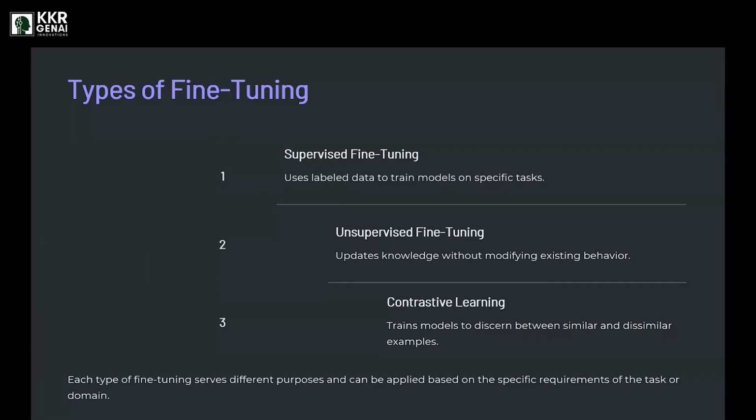You can do it with unsupervised fine-tuning. For example, if you take legal text or a different language or nuanced language, you can fine-tune the model using unsupervised fine-tuning. And there is contrastive learning, which recognizes the patterns, similarities and differences in the data points.